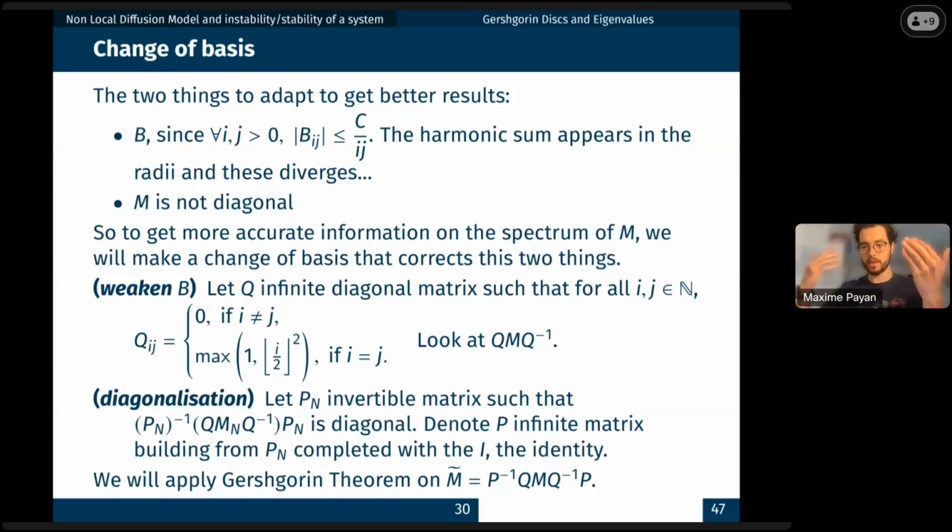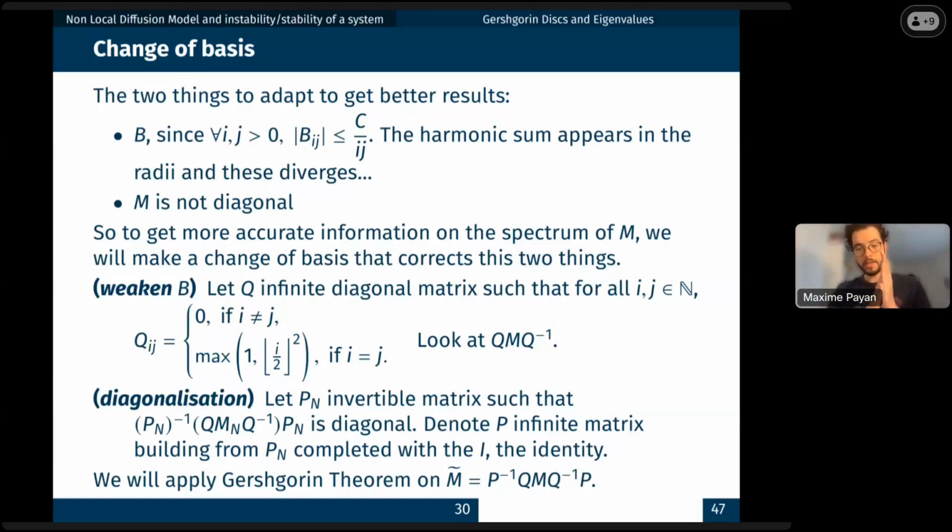When you invert it, there is 1 over i squared, and when it goes to infinity, this is very nice. So the question was, when I sum a row, I want to get something that converges.